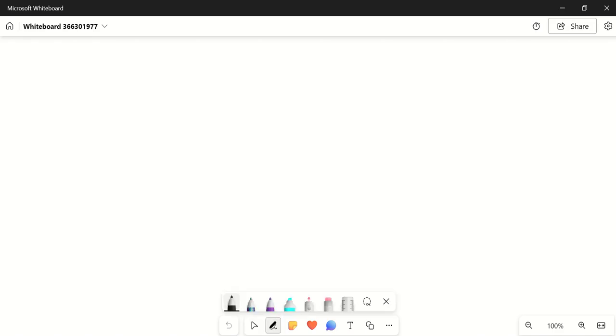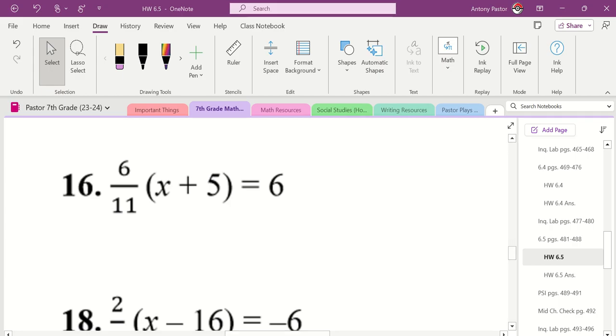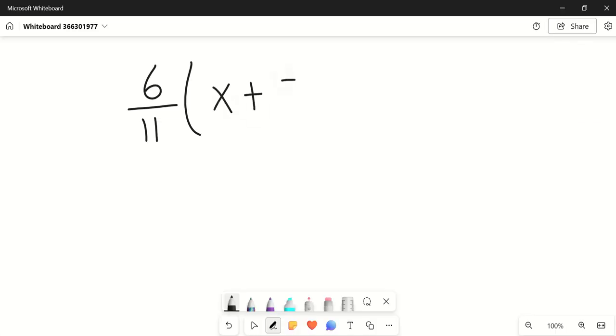6/11 is on the outside, x plus 5 on the inside, and that will all equal 6.